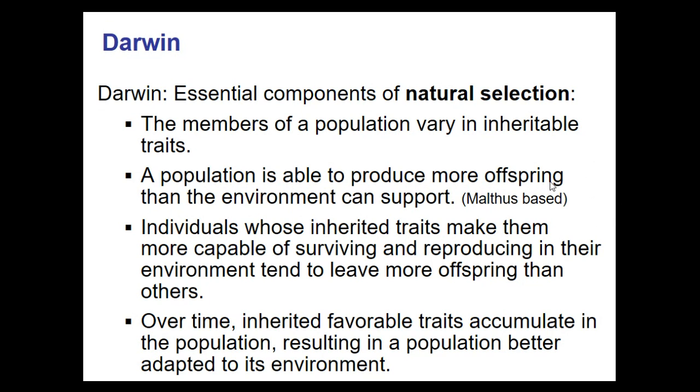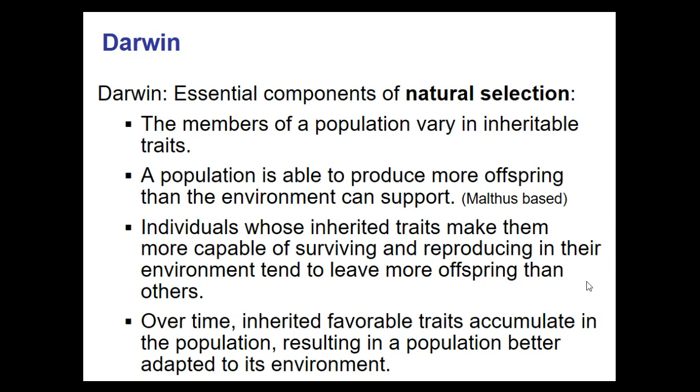And so over time, over many generations, the good traits tend to become more common, and the bad traits tend to become less common and maybe even disappear from the population.